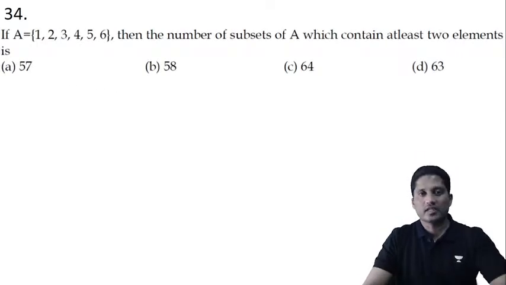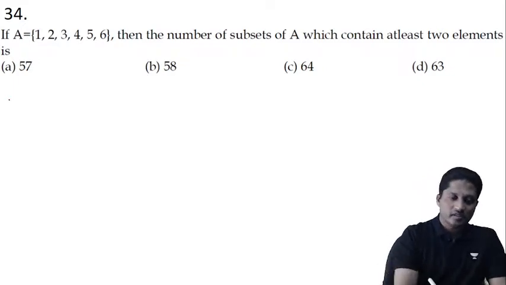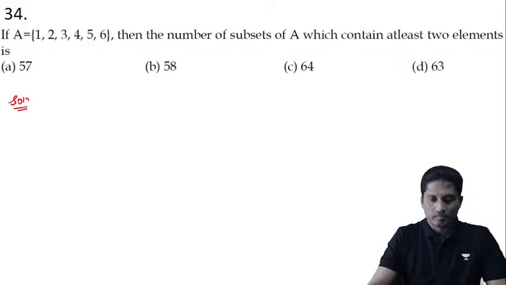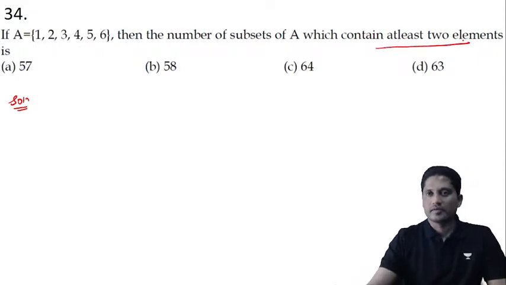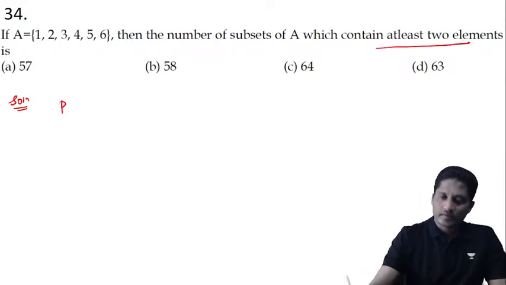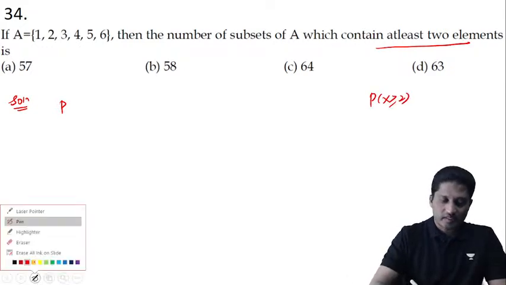Set A is 1 to 6, then the number of subsets of A which contain at least 2 elements. Right, now the total number of subsets is 2 power n, right? At least 2 means minimum 2.